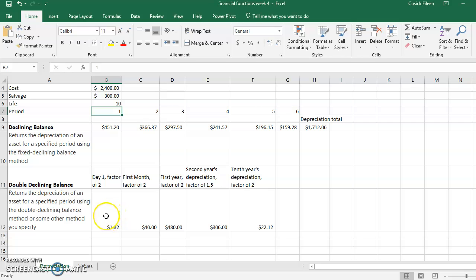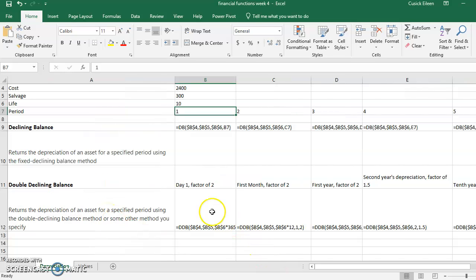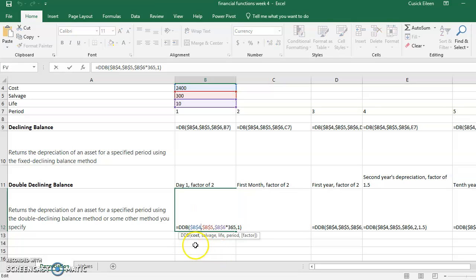And what this is showing, if I go back into my formulas, is that for double declining balance the cost is again in cell B4, the salvage, what's the value of it after the life, so $300. The life is over 10 years, and in this case my period is 10 years times 365 because I want it to have just that one day.